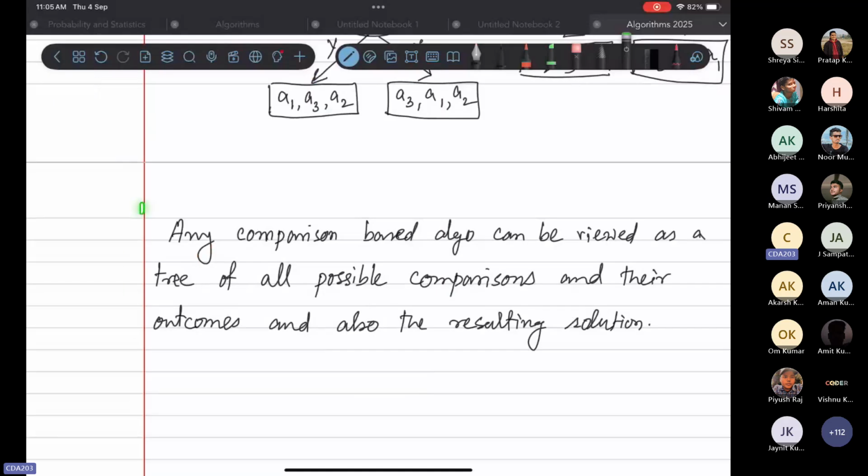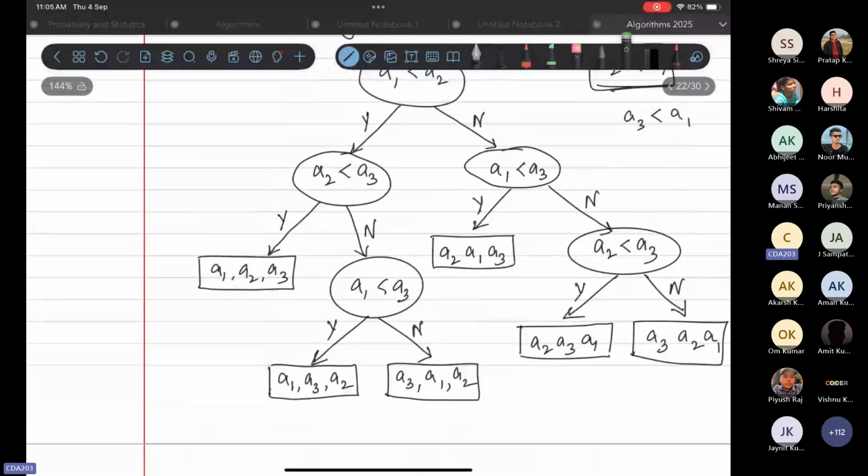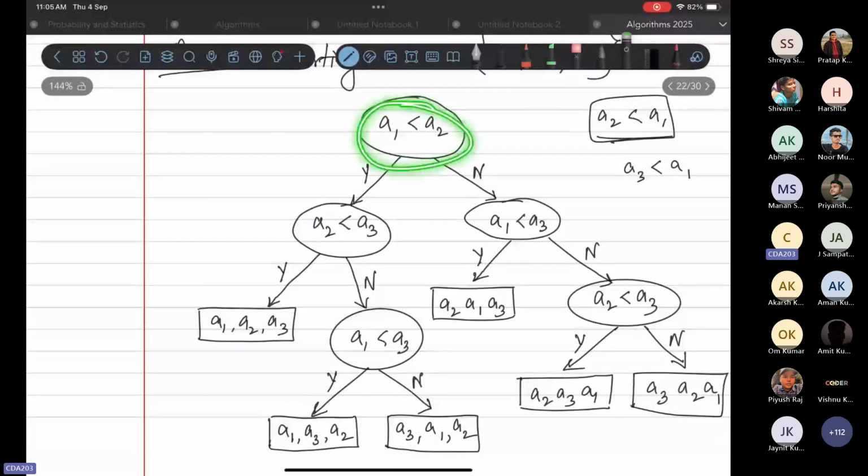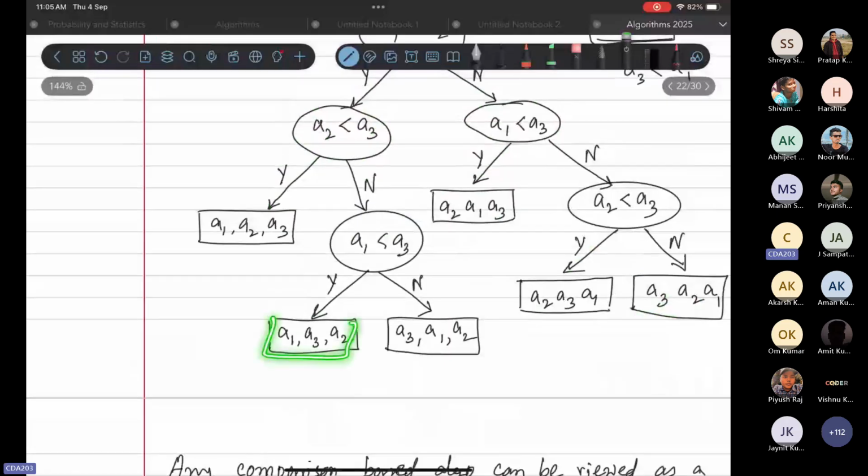Nowhere have I mentioned that this is for a sorting problem. I'm writing this in general. So for some problem, if you are to apply some comparison based algorithm, you can view that algorithm as some nodes where you represent the comparisons and their outcomes, and there could be many possible comparisons and the resulting answers.